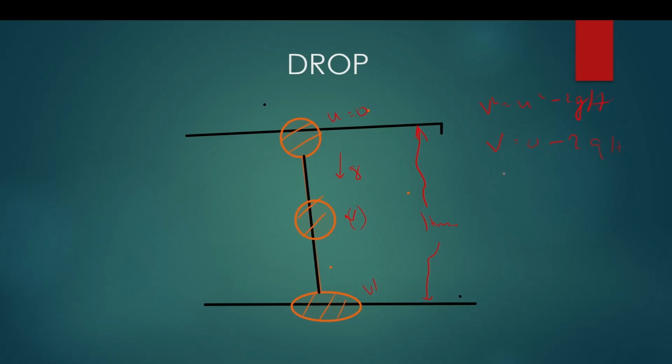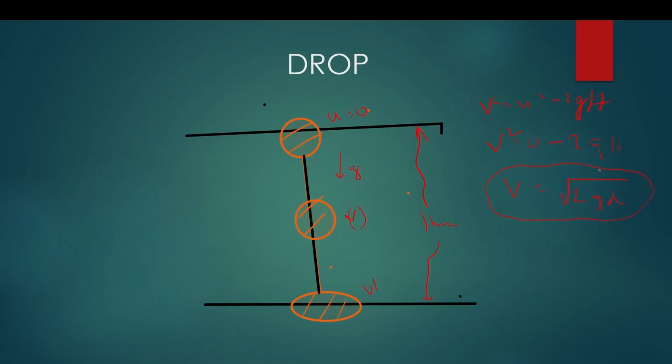So v square equals 0 minus 2gh, and we can calculate the velocity v equals root over 2gh.